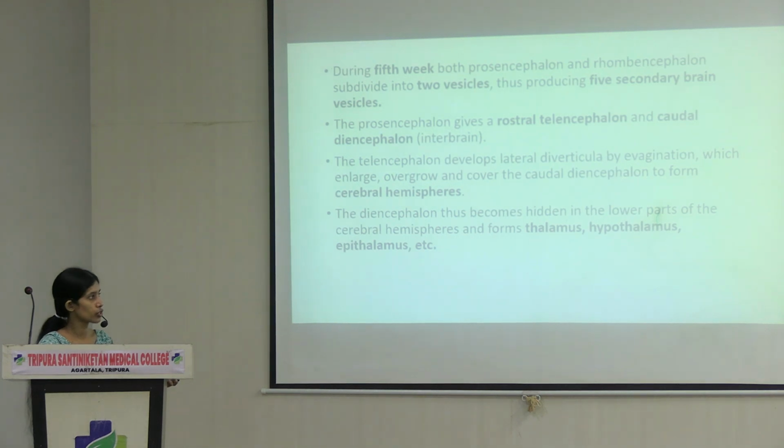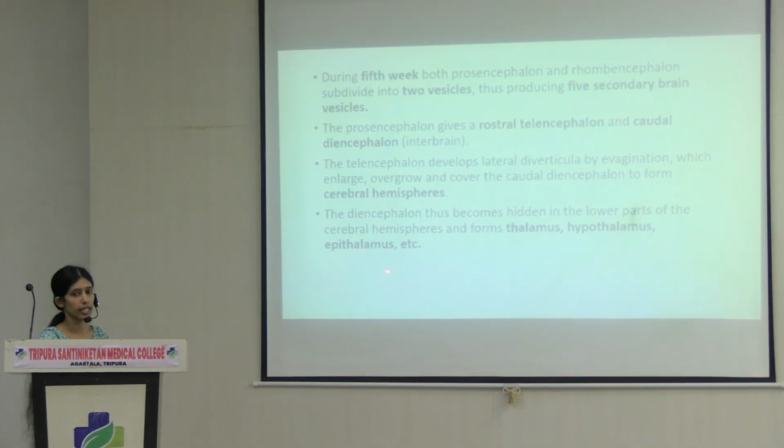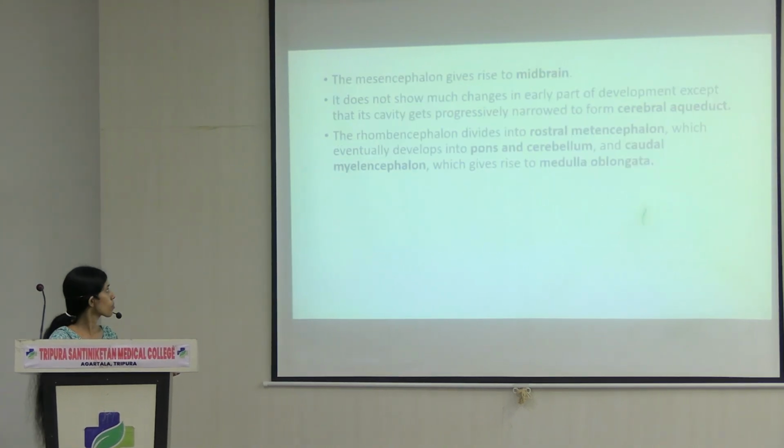I have already mentioned your telencephalon will develop into the cerebral hemisphere, and the diencephalon thus becomes hidden in the lower part of the cerebral hemisphere and forms the thalamus, hypothalamus and epithalamus parts.